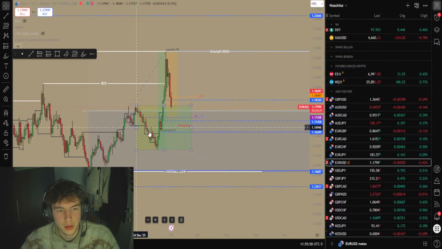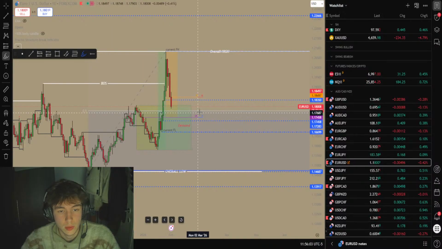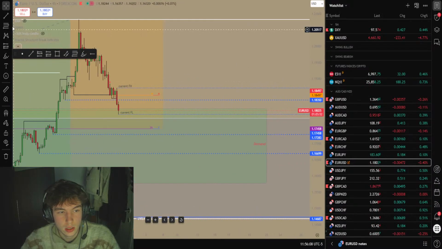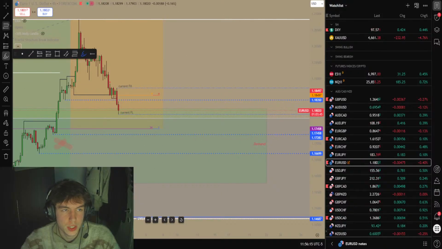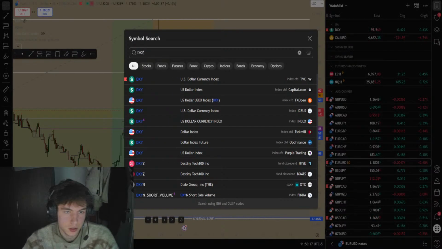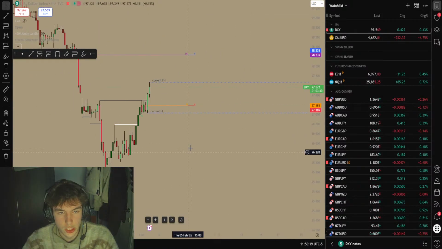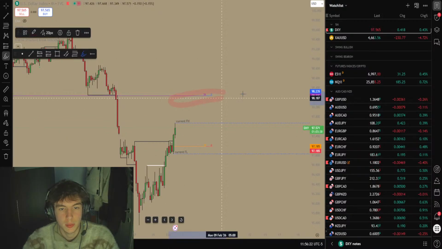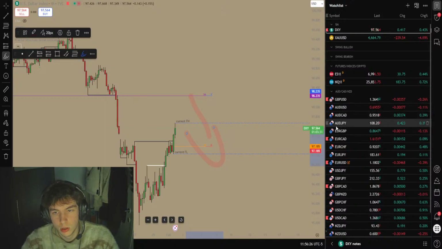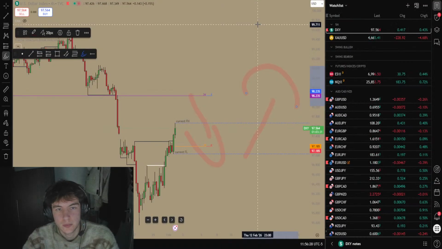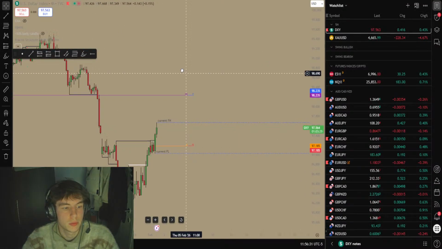We got 50% here within an obvious demand zone, as well as a 3-month and a yearly. So I think once we sweep out this low here, we're going to look for more upside, but that depends on the dollar, as the dollar is getting really strong right now, and we are coming up on the 3-month and the yearly open as well. So that's why I'm looking to short the dollar and to buy Euro USD. Give me another pair.